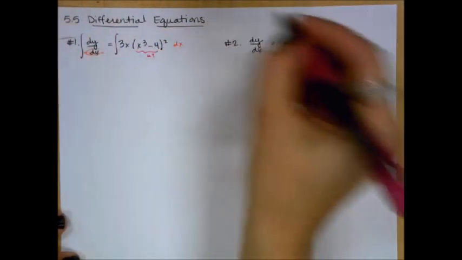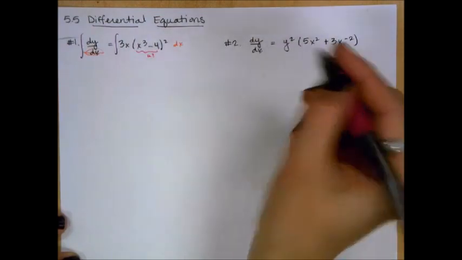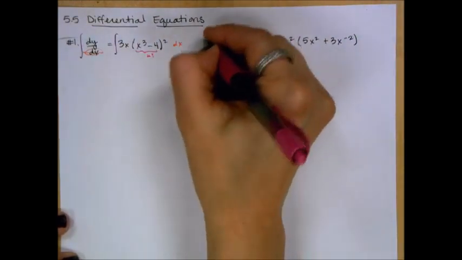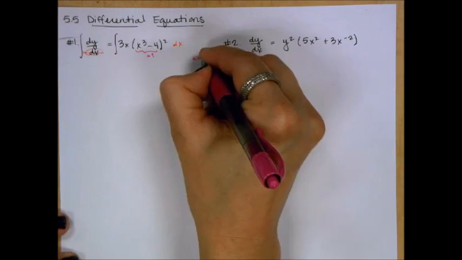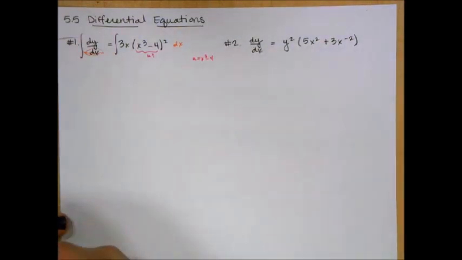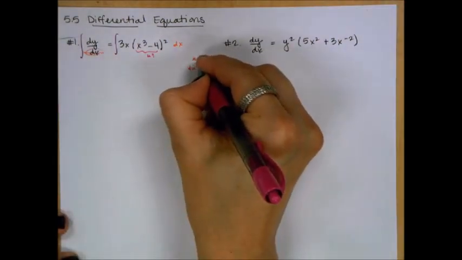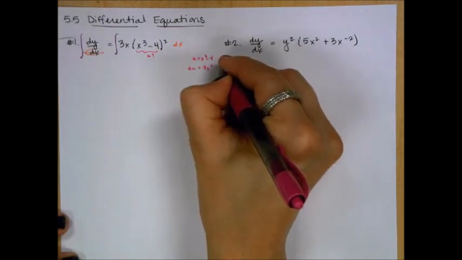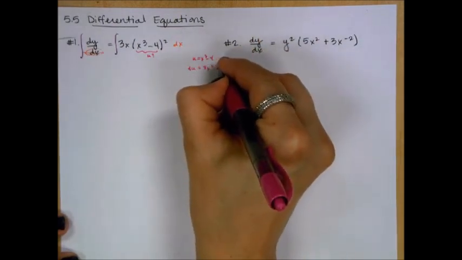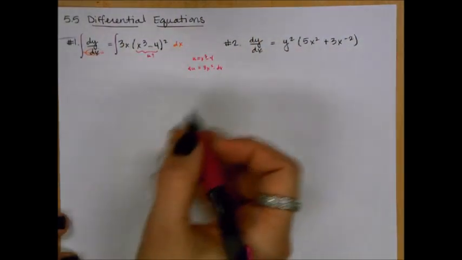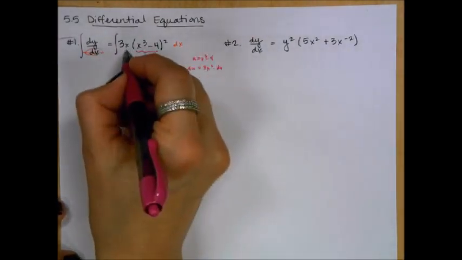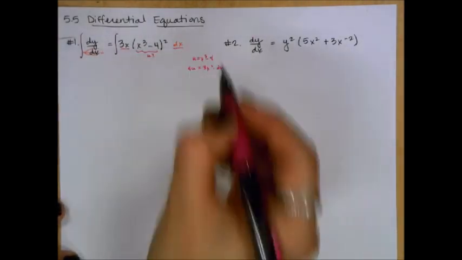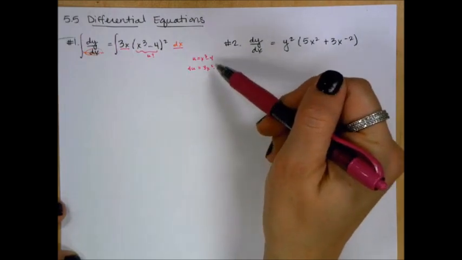All right, so just over here on the side, we're going to see if this will work. So if u is x cubed minus 4, then the derivative of that is 3x squared. And of course, we multiply dx over. And we're looking for this to match our leftovers. Now, while we have a 3x and a dx, I don't have a 3x squared.